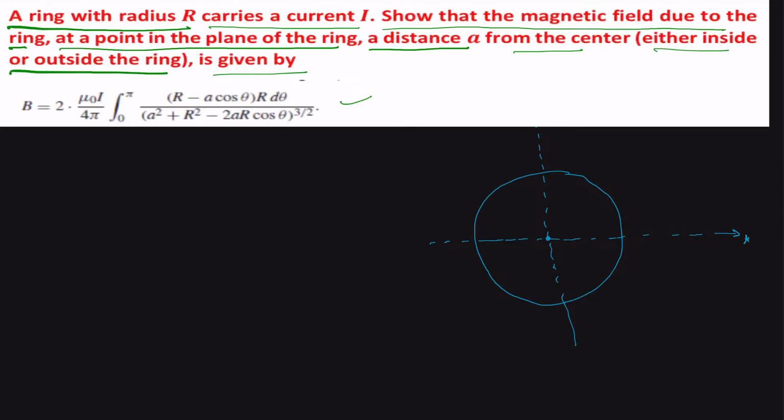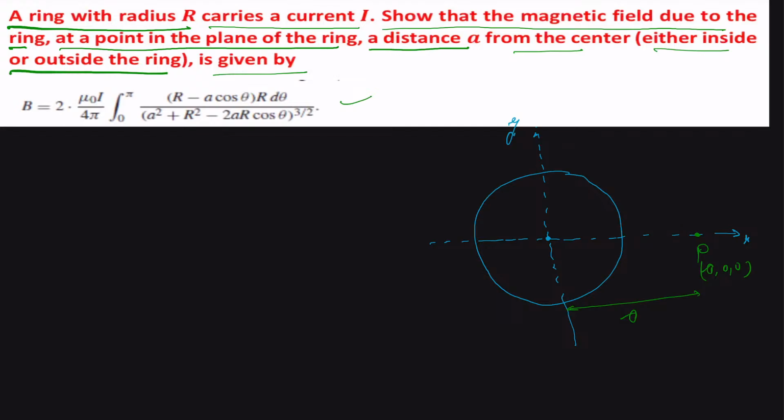So this is our x-axis and y-axis, and on this ring we consider a point P which is on the x-axis. We consider point P which is at a distance of a from the center of the ring. So this point P can be represented as (a, 0, 0).